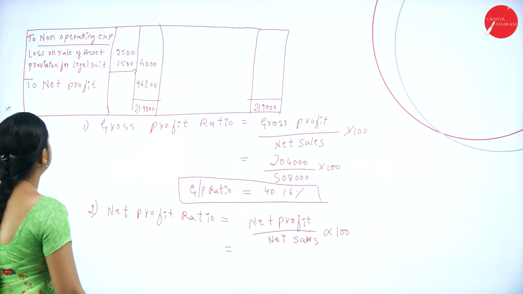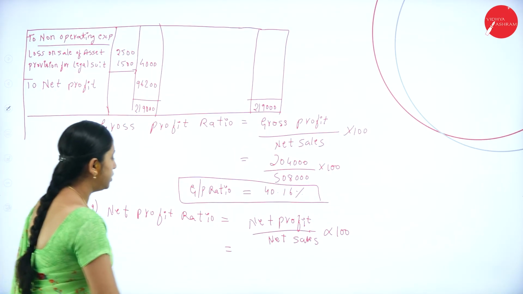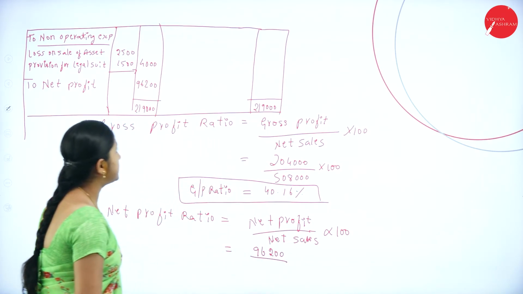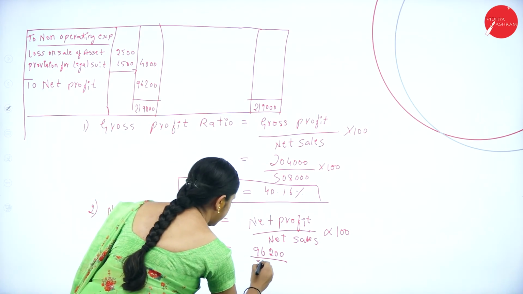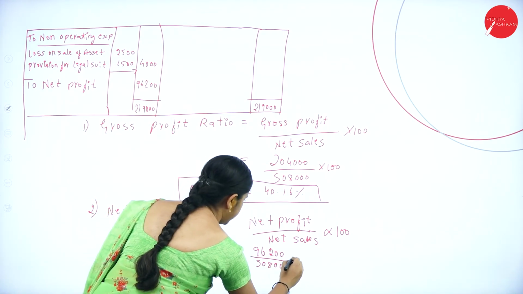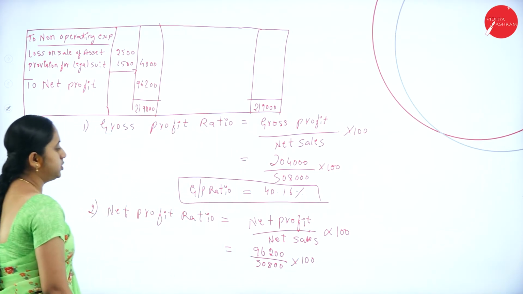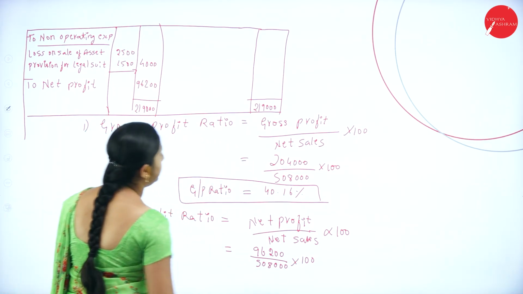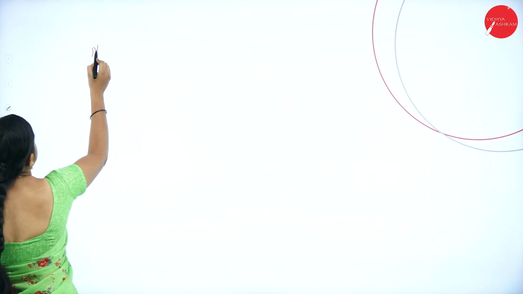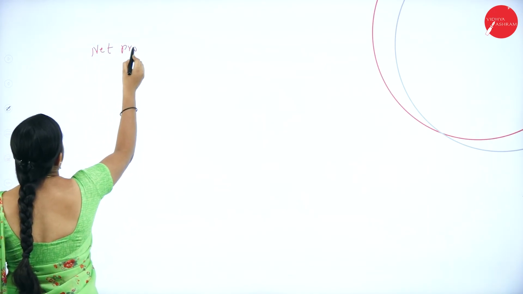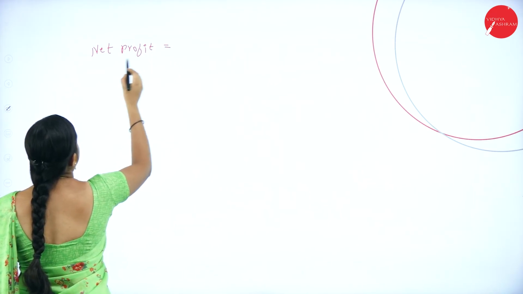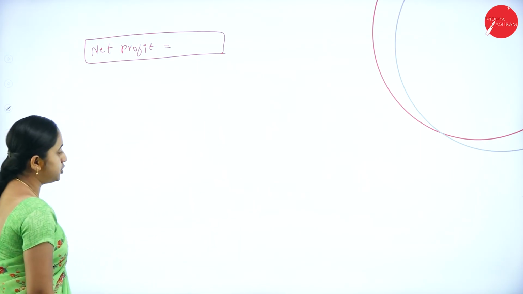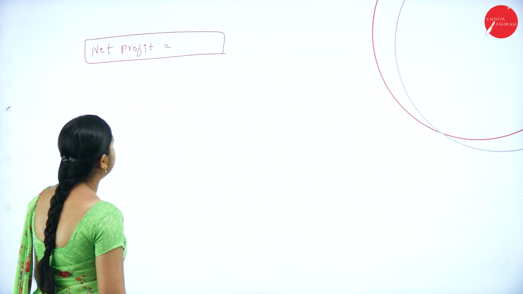Here we have net profit 96,200. 96,200 divided by net sales, net sales is 5,08,000, into 100. Net profit ratio is 18.94%.